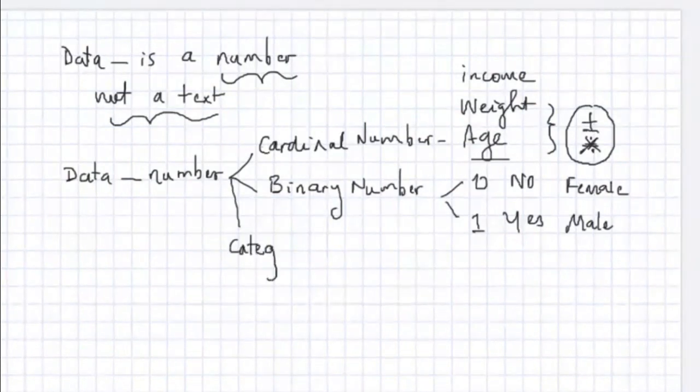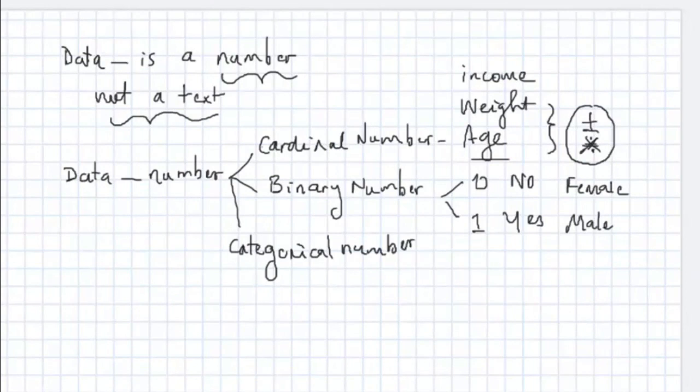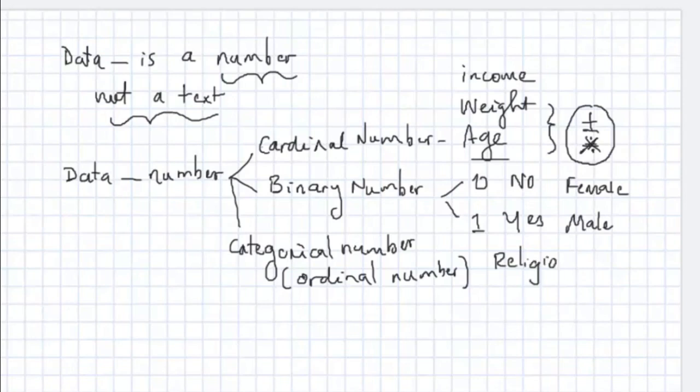Another variable set is categorical variables, which may or may not be ordinal variables. It is possible that a categorical variable may be ordered or may not be ordered. For example, religion may not be ordered.